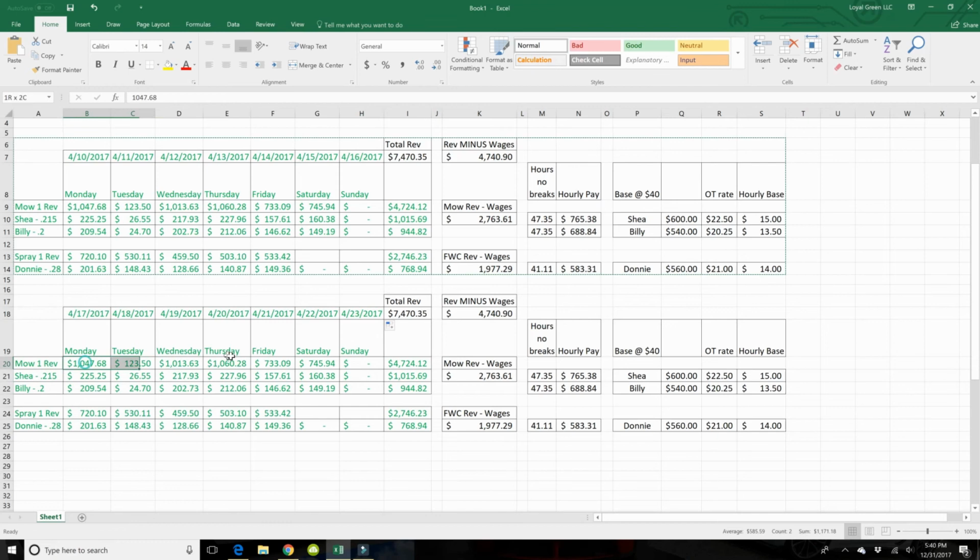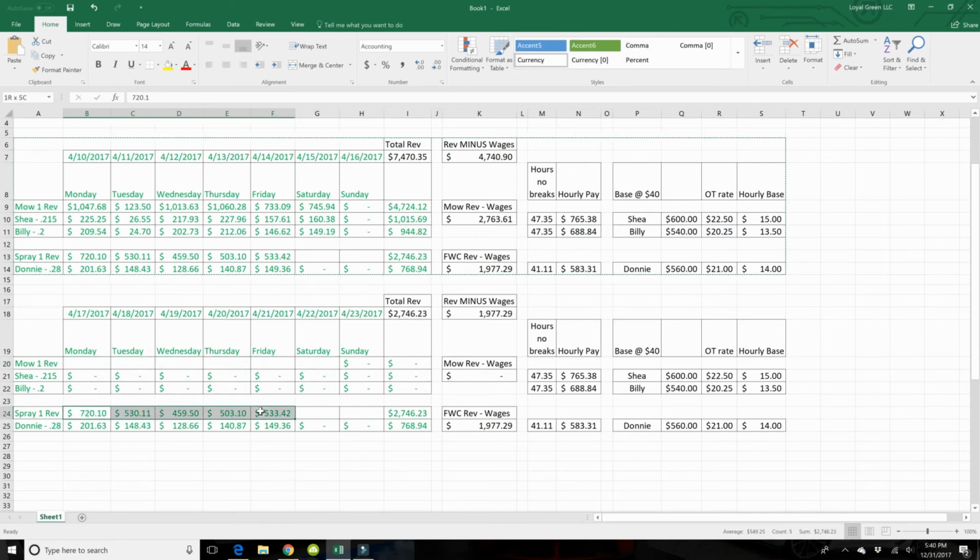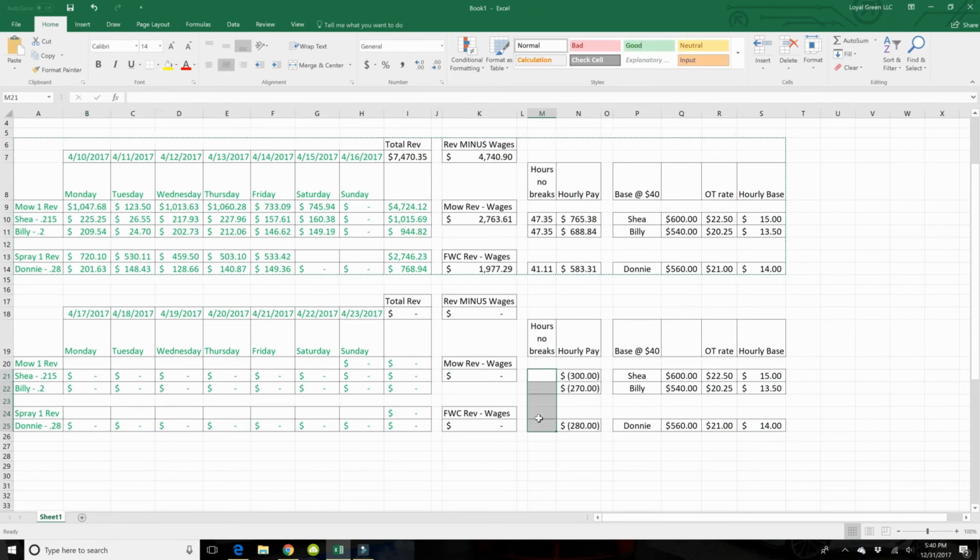And then I would come in here for next week and I would delete, and then I would have to populate their hours for the next week, populate the revenue for the next week, and then everything would calculate out again, and I'd have my information right here on what I need to pay my guys.